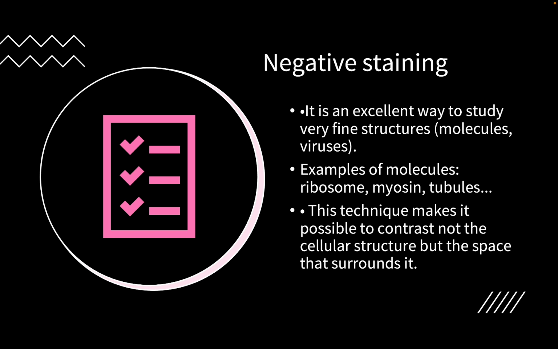As we have seen in the previous videos, for a structure to be seen in a microscope we usually color it. So for the transmission electron microscope, we use negative staining.